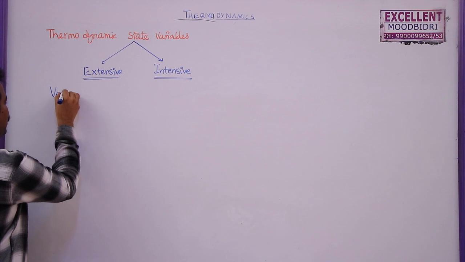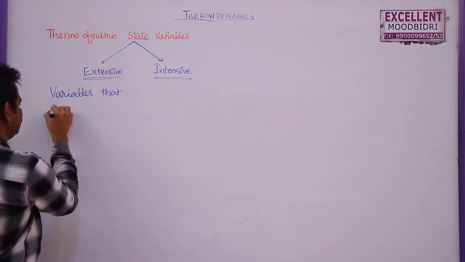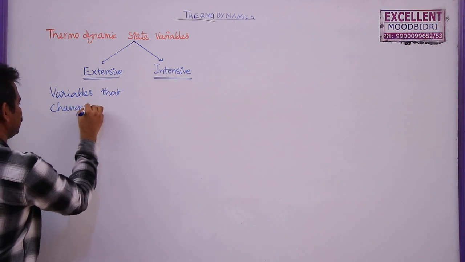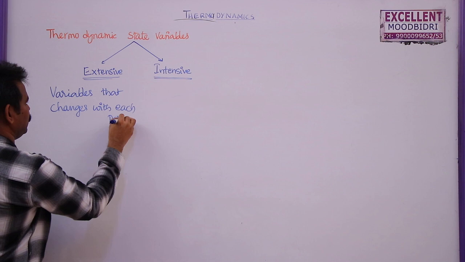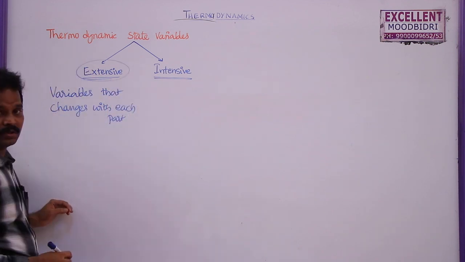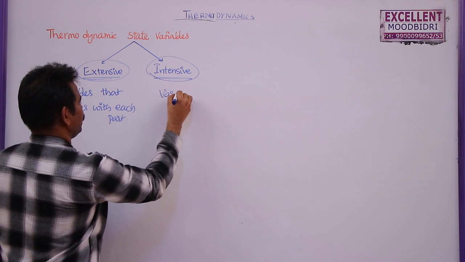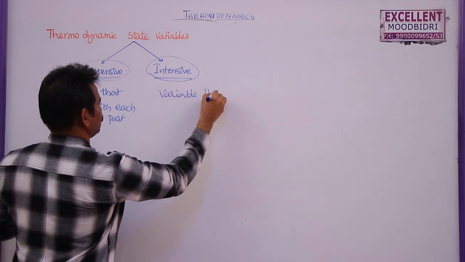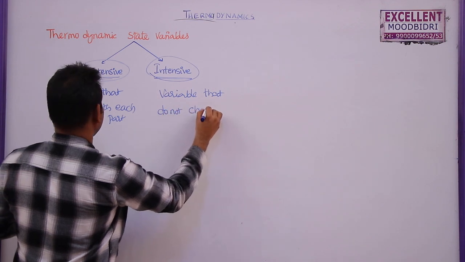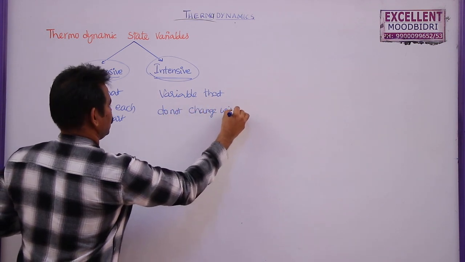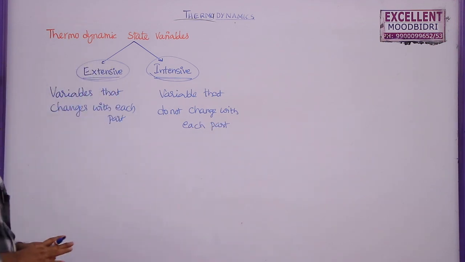Extensive variables are those that change with each part, whereas intensive variables are those that do not change with each part. So what is the meaning of this one?